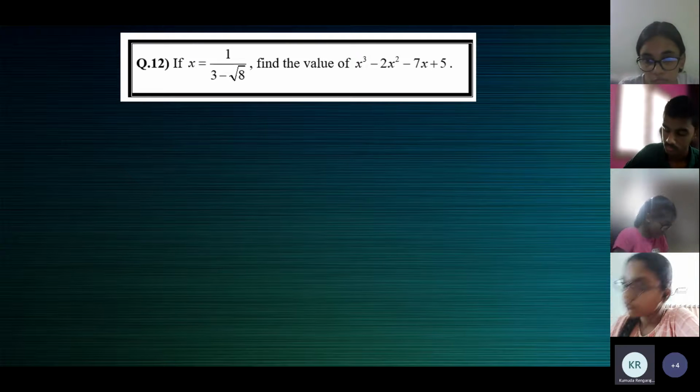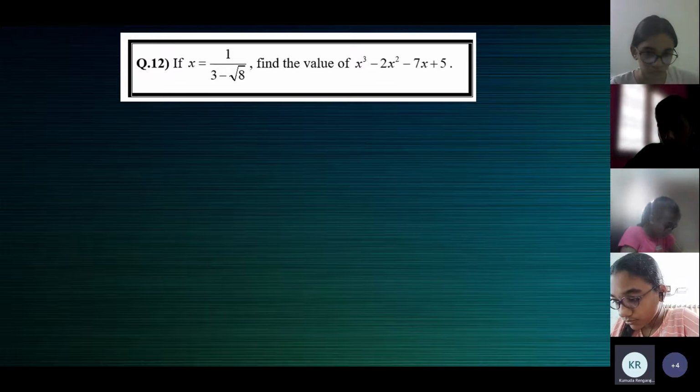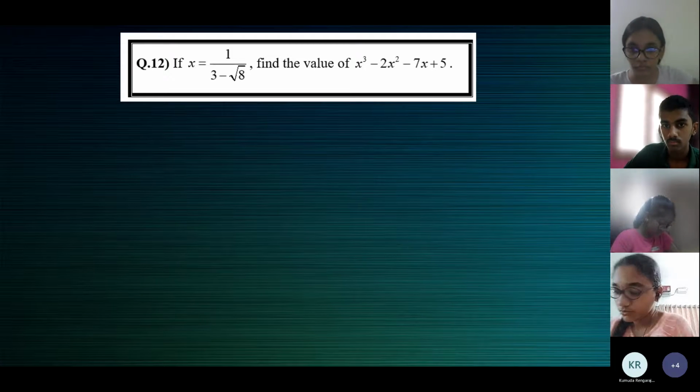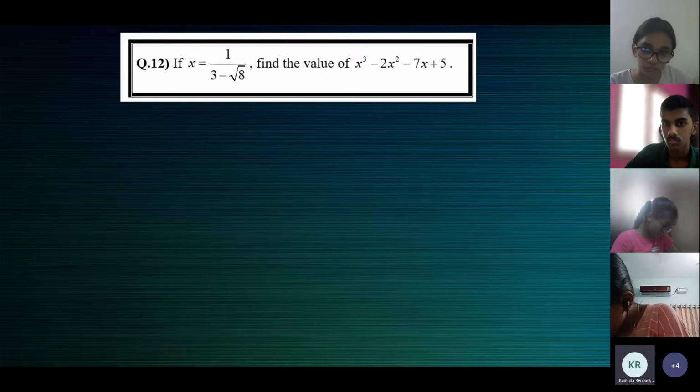If x is equal to 1 by 3 minus root 8, find the value of x cubed minus 2x squared minus 7x plus 5.